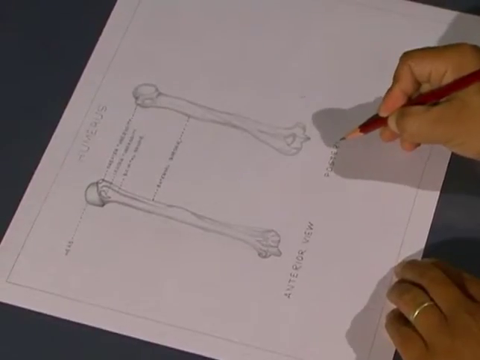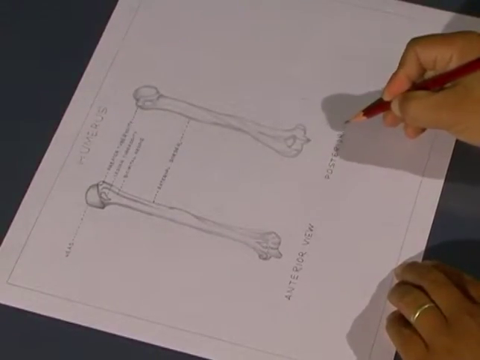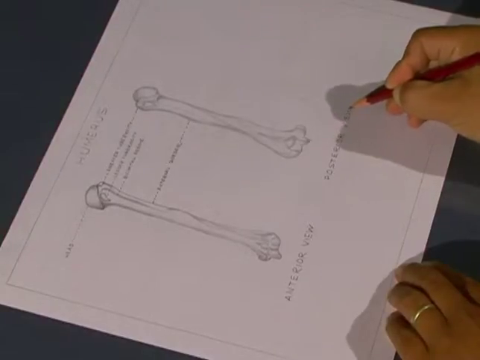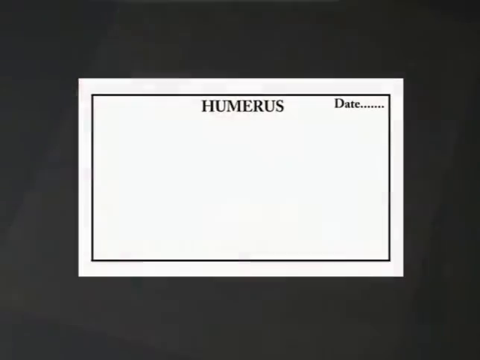For example, anterior view, lateral view, medial view, like that. At the left-hand bottom corner, just above the border line, keep a space for the teacher's signature and the teacher's remark. This is the fundamental and basic thing you have to keep in mind for drawing a bone on your drawing sheet or on the page of your notebook.